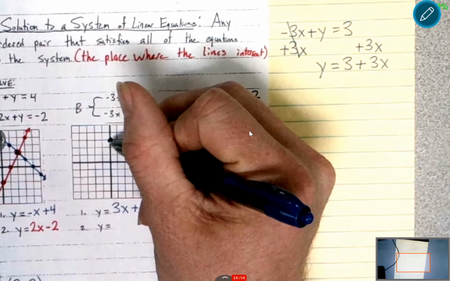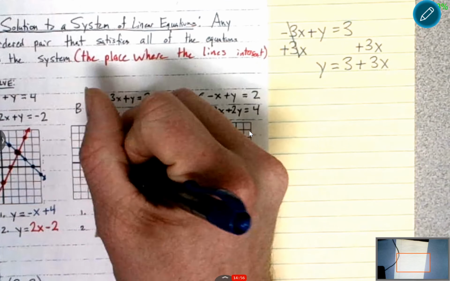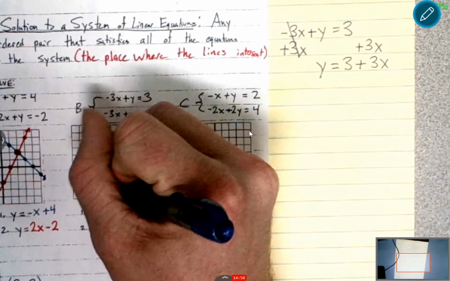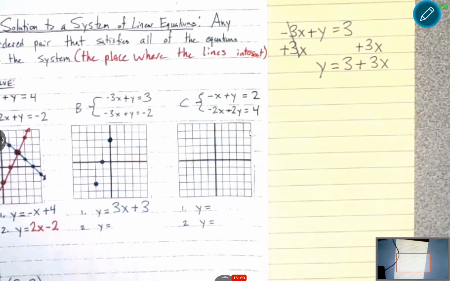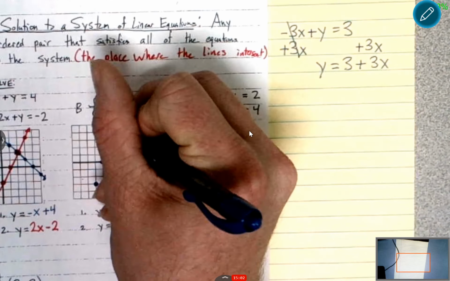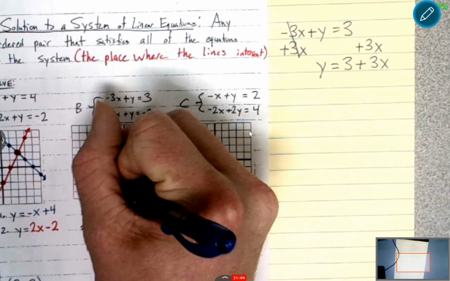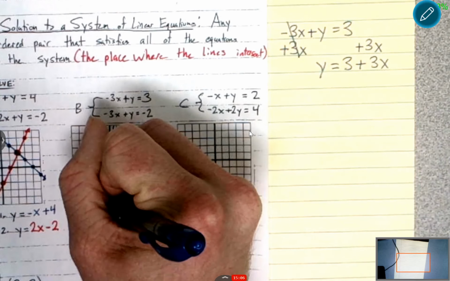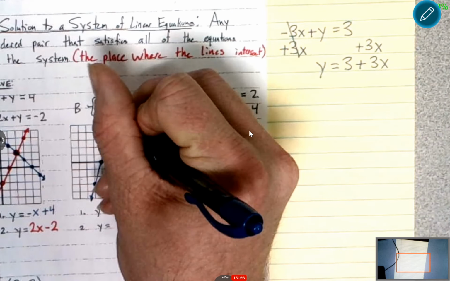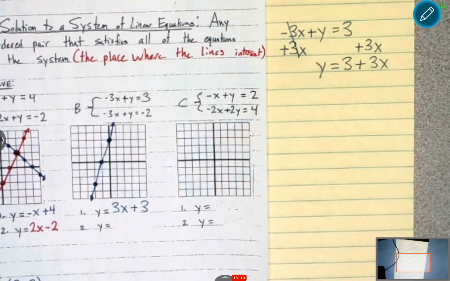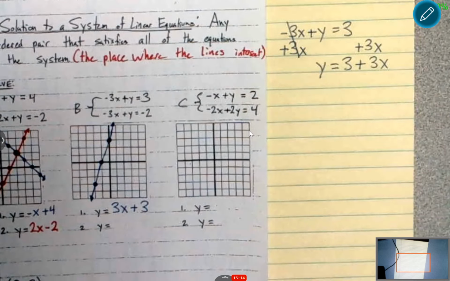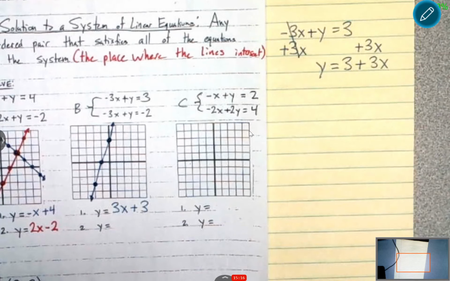And I'm going to go back and reverse. Down 3, left 1. And I can graph my line. And there's the line for my first equation in the system of equations.